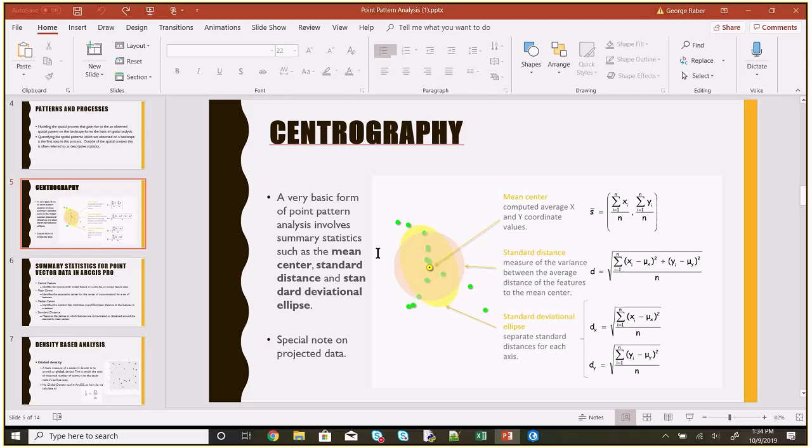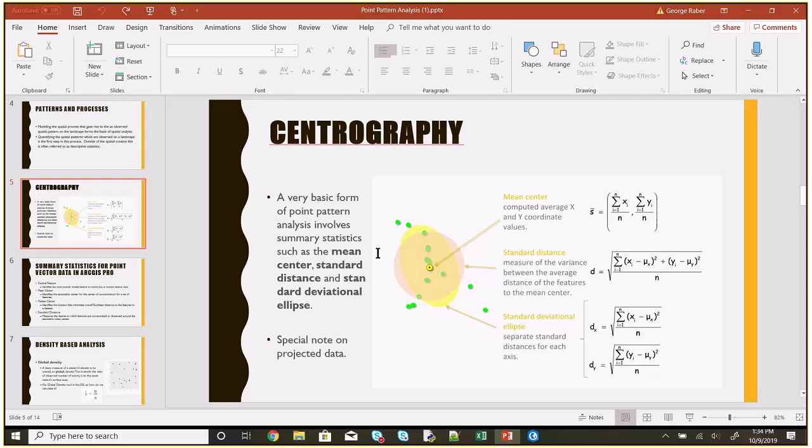Oh, and now that we're starting to do these statistics, it's a good time to bring up that these statistics require your data to be projected. It can't be latitude and longitude data, because you could still stick in the numbers that represent latitude and longitude, but the math doesn't really apply.